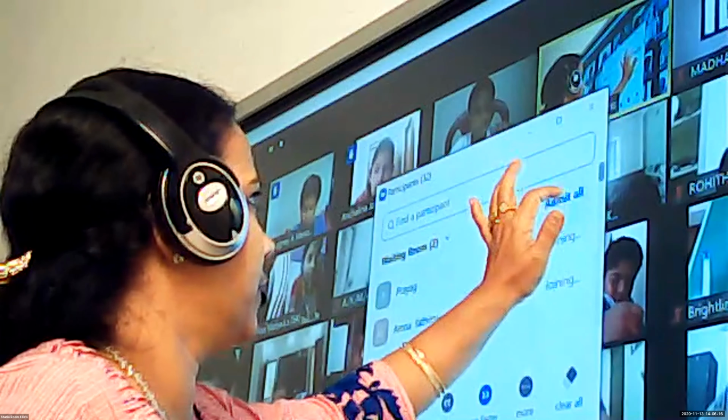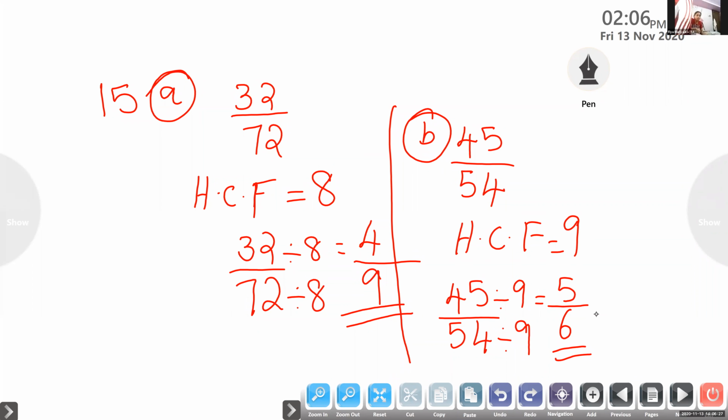The question is to find the HCF and divide by the HCF. Those who finish C, do question D. Yes, we had to do 45 divided by 9, the answer I have written on the board: 5. 54 divided by 9 is 6. So the fraction in its lowest form is 5 by 6.